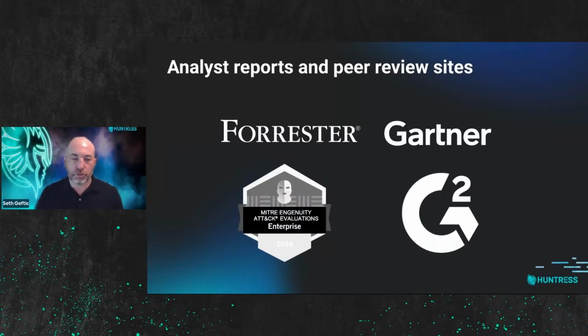Okay. So I mentioned there are also third-party reports you can look at. A few things. Forrester, Gartner, the one thing you need to know about them is they're really great. I've spent a lot of time with them in my career, but the people they're writing their reports for, their comparison reports, are large enterprises.